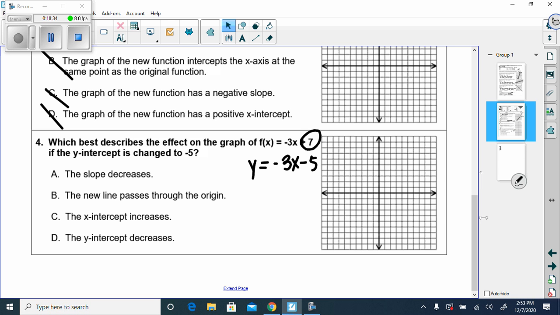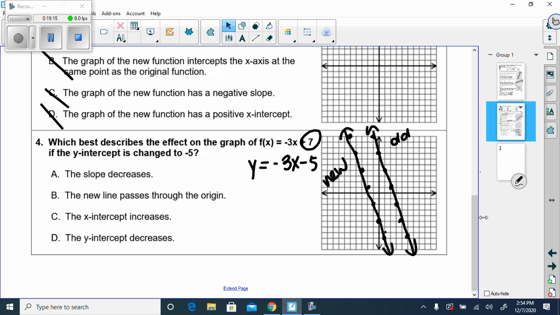So instead of starting at +7 and going up 3 over 1 or down 3 over 1 in the negative direction, it's still going to have the exact same slope, but now it starts down here at -5. Okay, so I connect my points. So this is the old, this is the new.